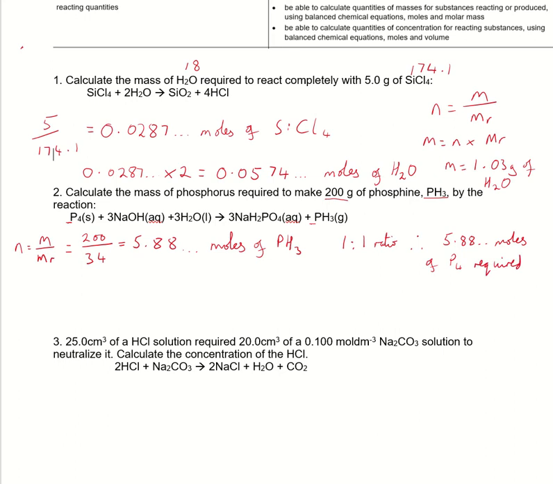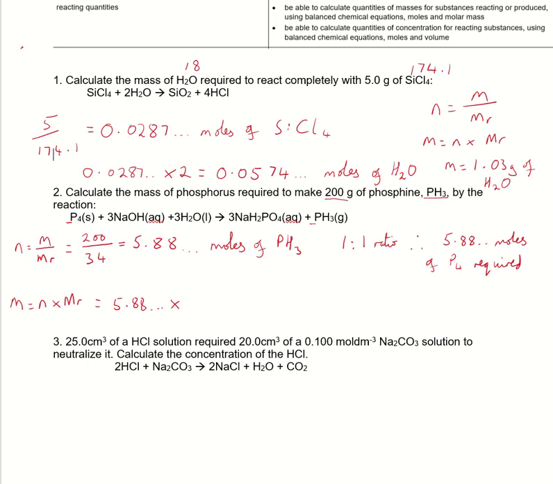Now, for that then. So if I know my number of moles, and I know the Mr of the phosphorus here, then I can work out the mass. So mass, moles times Mr. I've got my 5.88 and so on that I want, times the Mr. So P4, remember to take that into account.